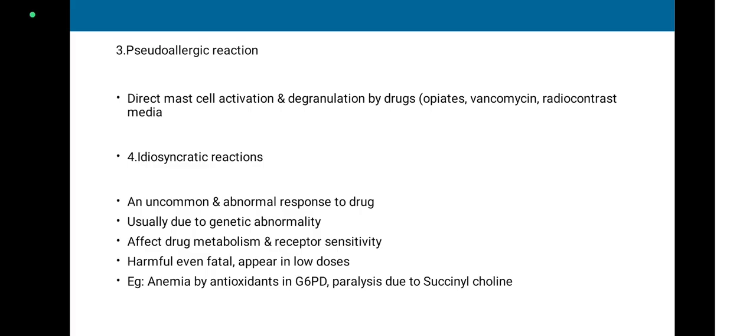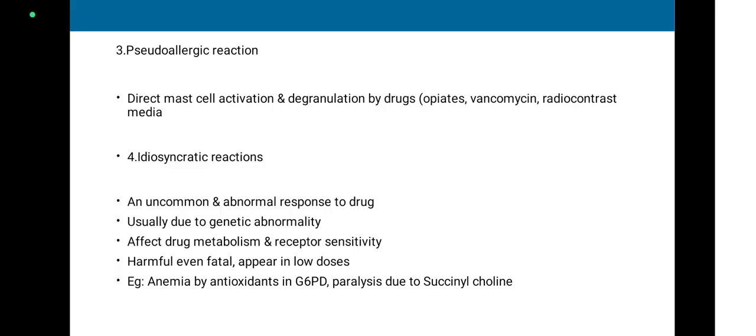Next kind of classification in type B reaction are pseudo-allergic reactions, which occur due to direct mast cell activation and degranulation by specific drugs. The drugs which cause pseudo-allergic type B reactions are opiates, vancomycin and radiocontrast media.